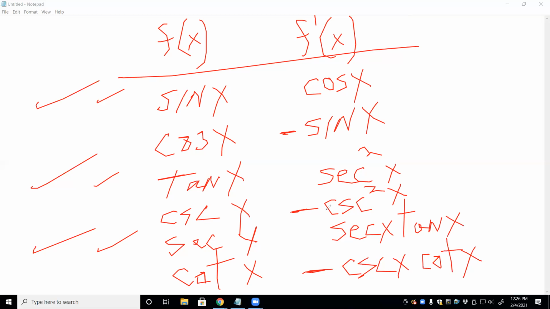In this case, it's the cofunction of secant times tangent. So memorize the three that I have checkmarked, and memorize the method of finding the other three. Okay, I took a picture of this.